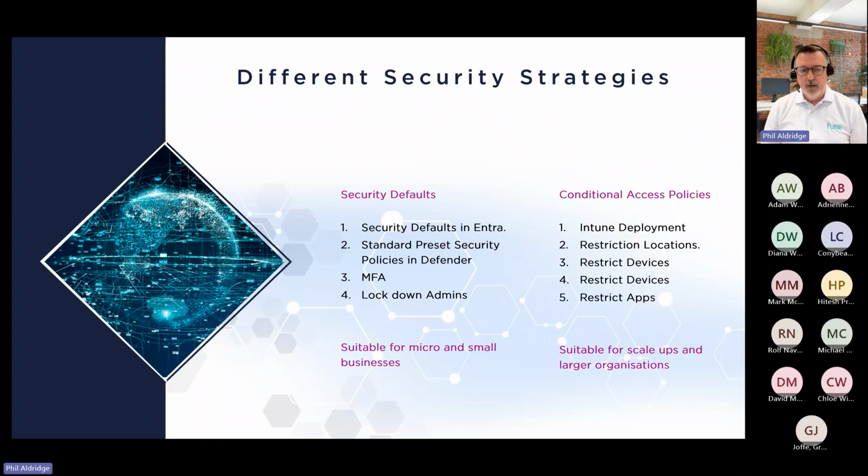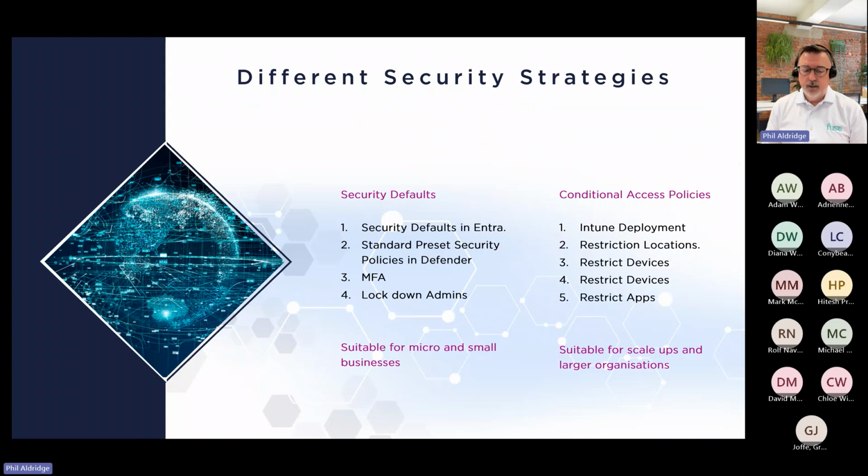If you're a larger organization, think scale-ups, think big business, the policy of set and forget really doesn't work for you. You need to be looking at how do we control all of our devices? How do we deploy Intune? How do we restrict where people can log into our systems from? If no one's traveling to Russia, don't let people in Russia log into your systems.